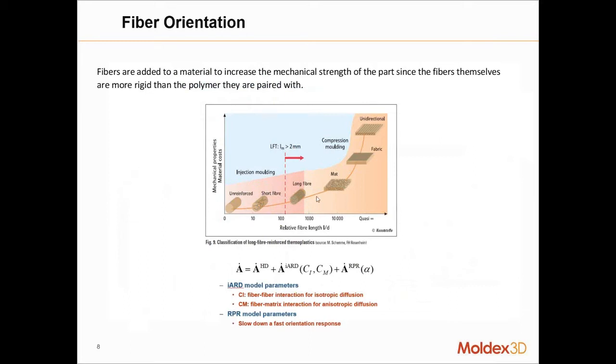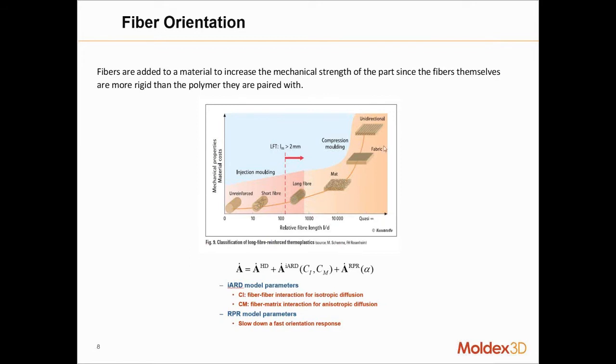Injecting those can be quite troublesome sometimes. We can use simulation to evaluate where that material is going to break and what our final actual fiber length is rather than what we started with. Because when those fibers are going through the barrel, experiencing that shear in the barrel, they will break quite easily.